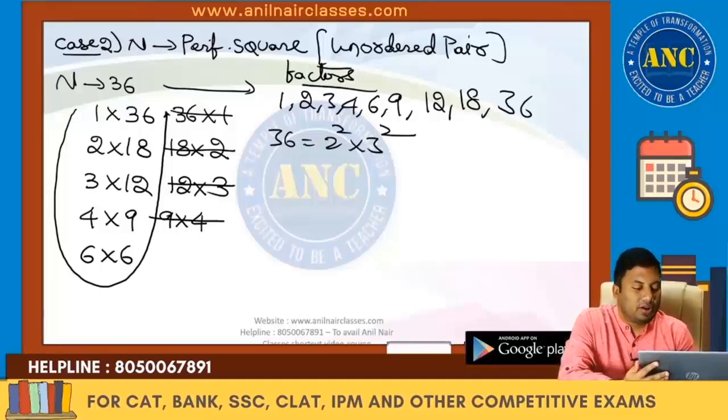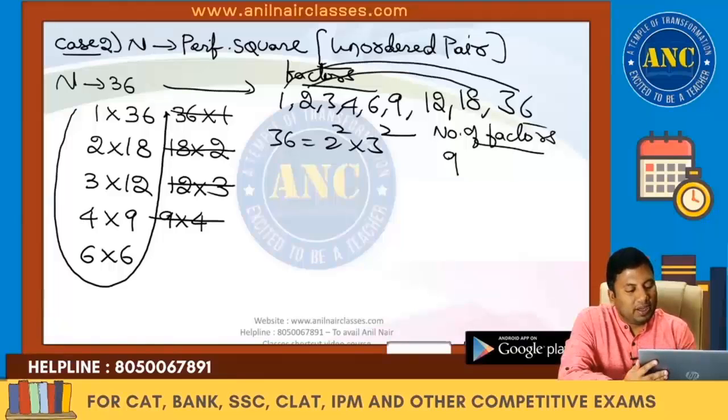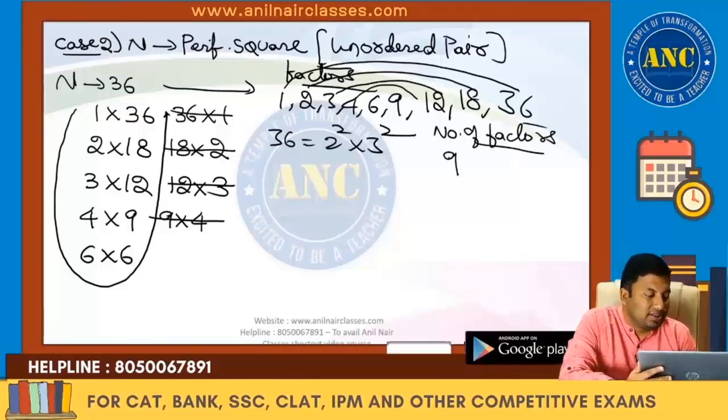Totally, the number of factors we got is 9. What are the pairs that we got? One pair, second pair, third pair, fourth pair, and the remaining is 6 into 6. 5 pairs we got.